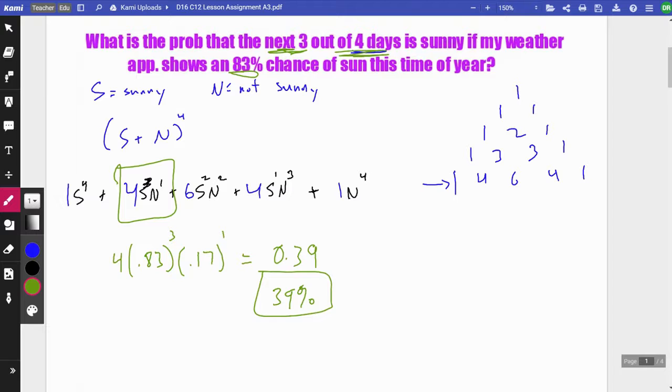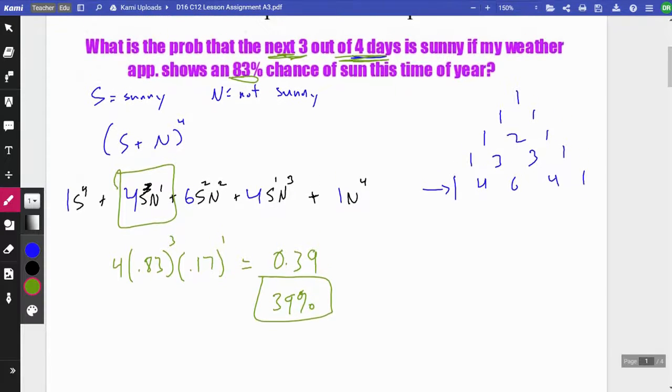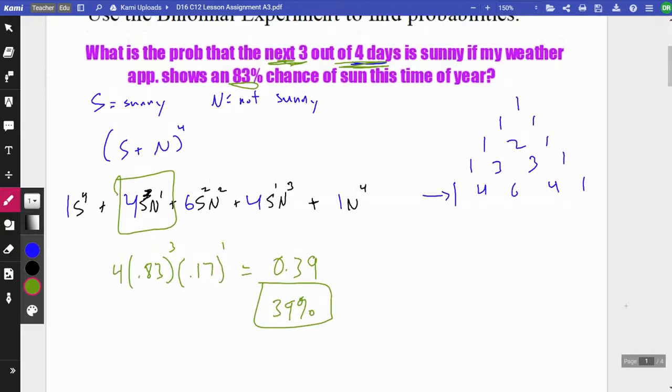But you having an 83% chance of sun actually happening one way or another, when you start compounding these events, having these events all be included within one another, your probability goes down. So it seems like a low percentage, but it should be because we are saying we want it to be 3 out of 4 days, and so it's an 83% chance, an 83% chance, an 83% chance, and then a 17% chance.